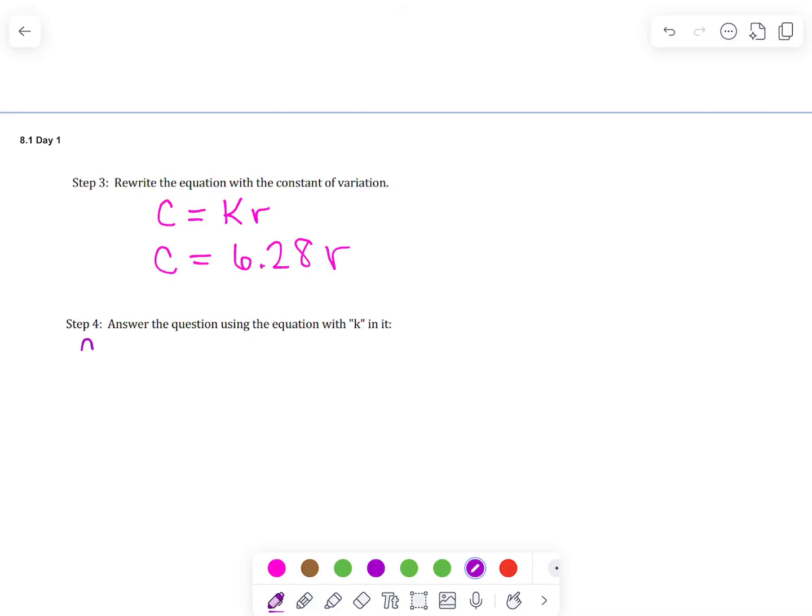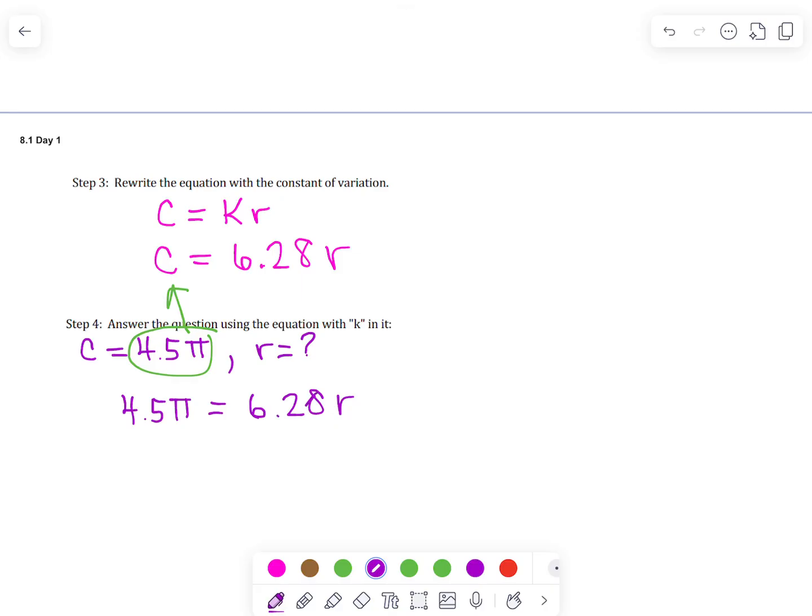So we're going to let C equal 4.5 pi, and we want to find r. So 4.5 pi is going to go in for C. And then we're going to solve this for r.